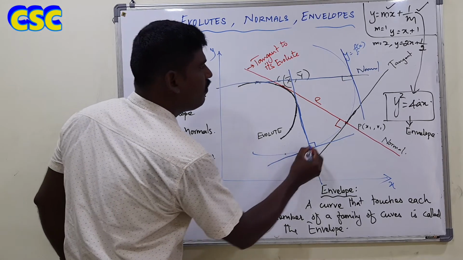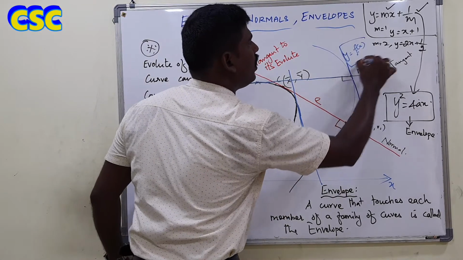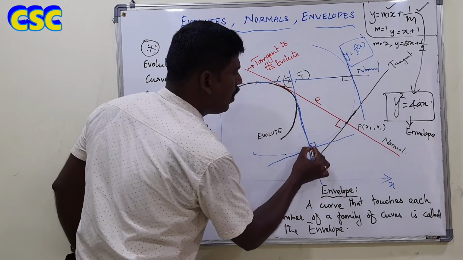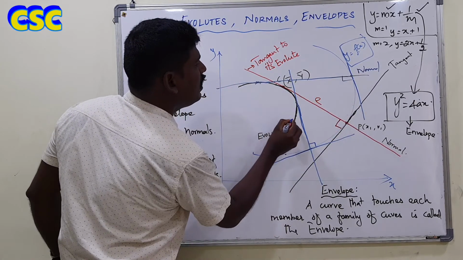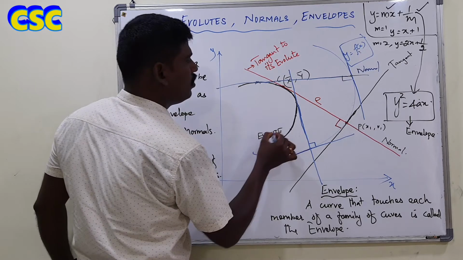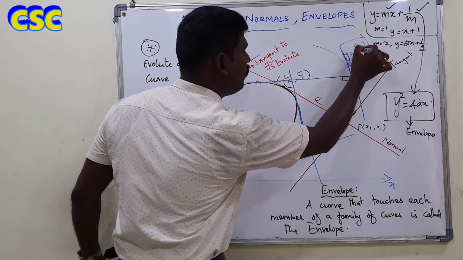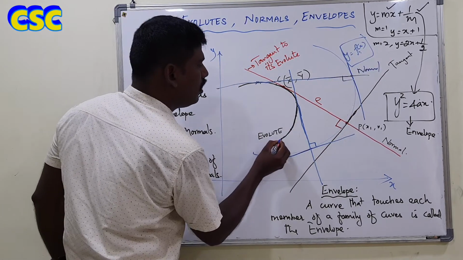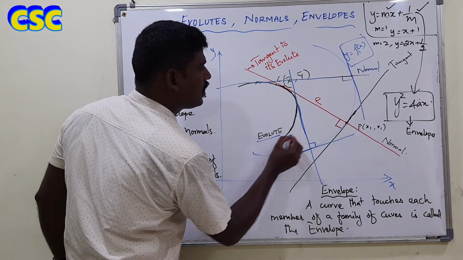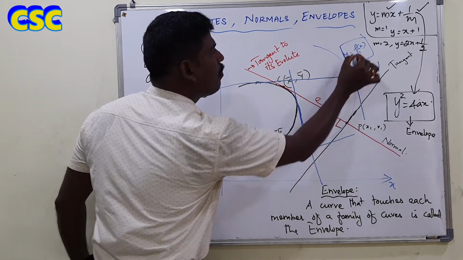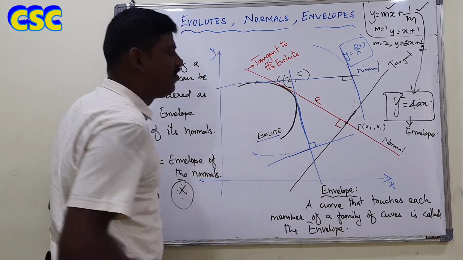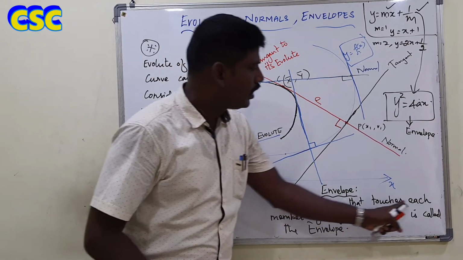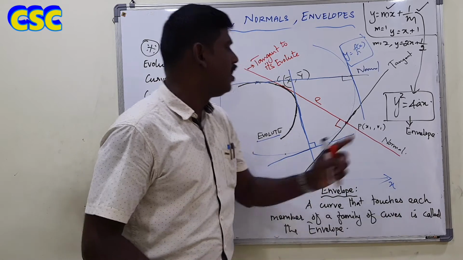So for each and every point on the curve y equal to f of x, the normal at the corresponding point touches its evolute, isn't it? Touches the evolute of this curve, isn't it? Therefore, this curve, the evolute, touches each and every normal to the curve, isn't it? Now matching this concept with this definition, a curve that touches each and every member of a family of curves.